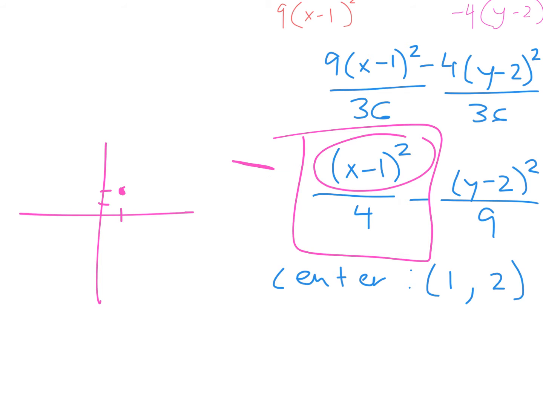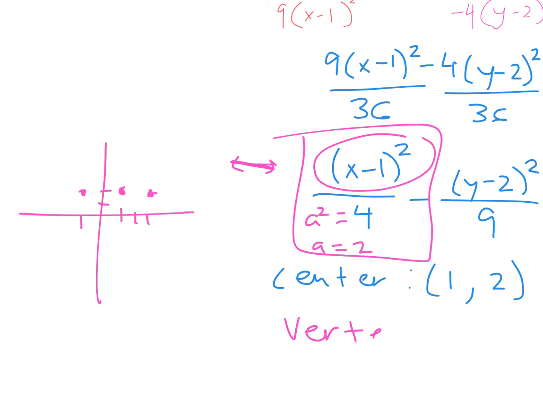Horizontally. And what's the distance I'm going to go horizontally? So from the center to my vertices is how long? 2. Perfect. Because this is a squared. So in a hyperbola, the first one is always a squared. It doesn't matter if it's under the x or under the y. So a squared is 4. That means a is 2. So I'm going to the right 2 for a vertex and going to the left 2 for my other vertex.